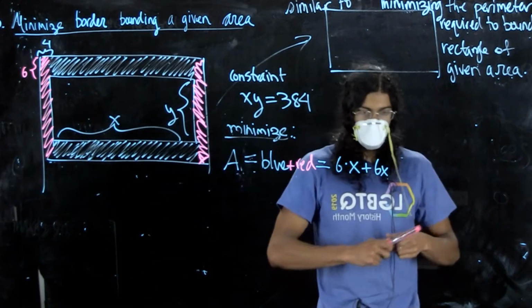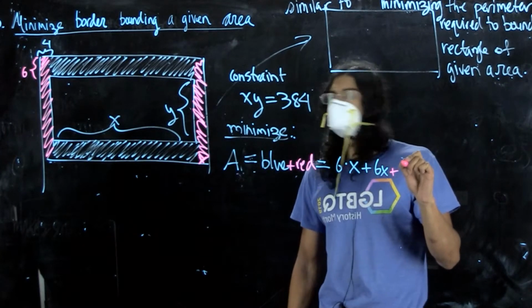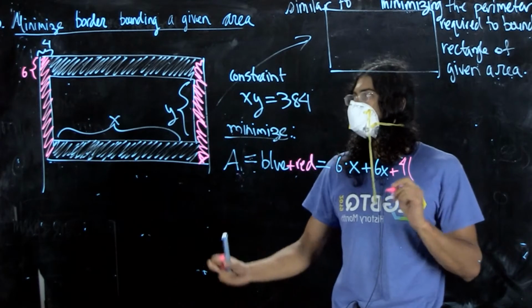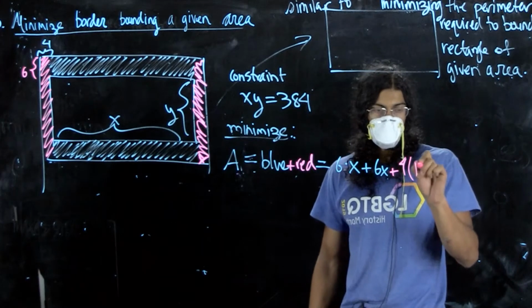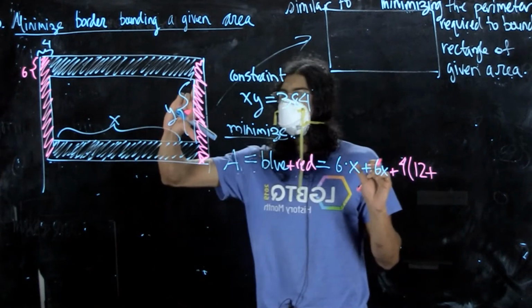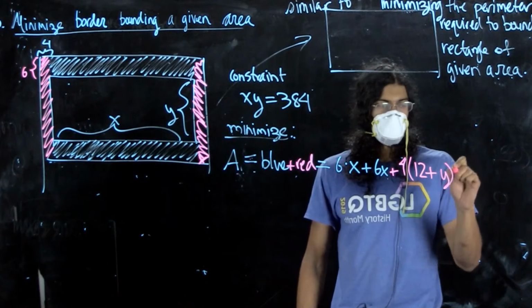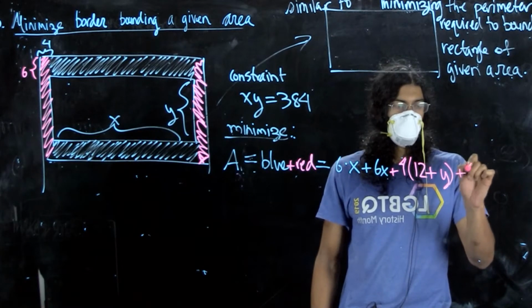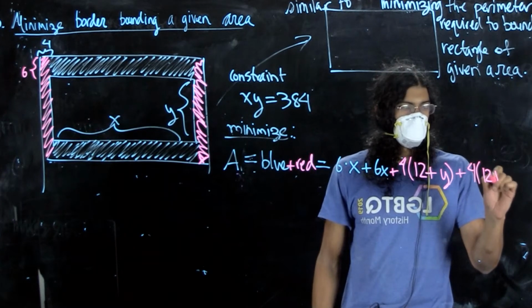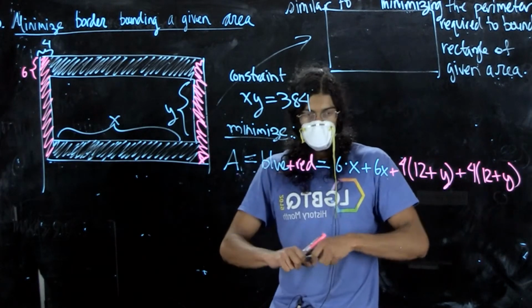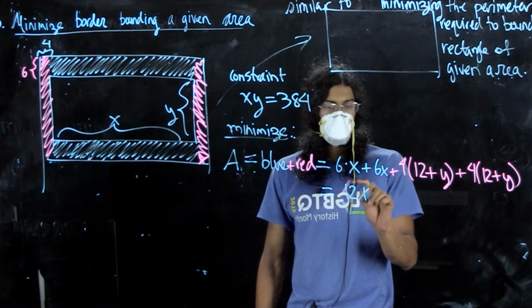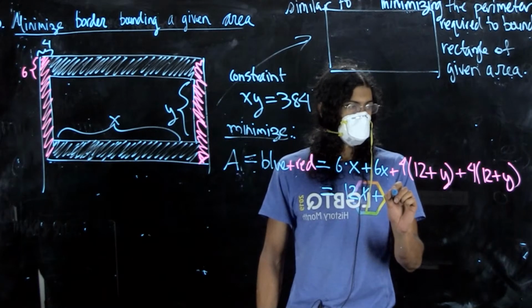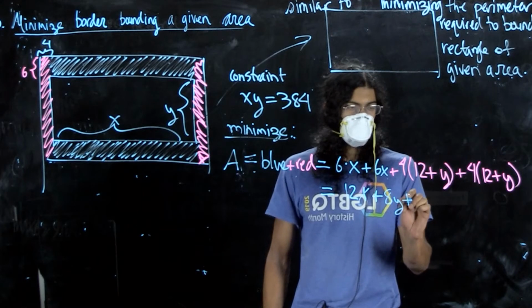That's going to be equal to 4 times my height, which is 2 times 6 plus y. And that happens twice as well. This is otherwise known as 12x plus 8y plus 96.